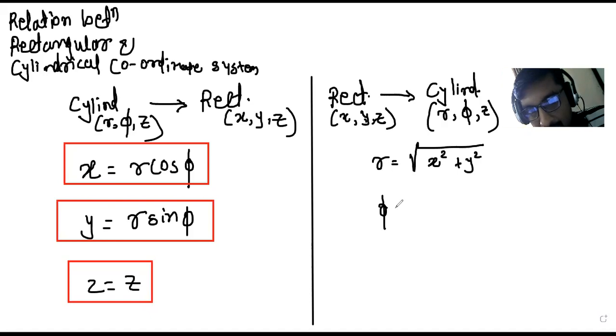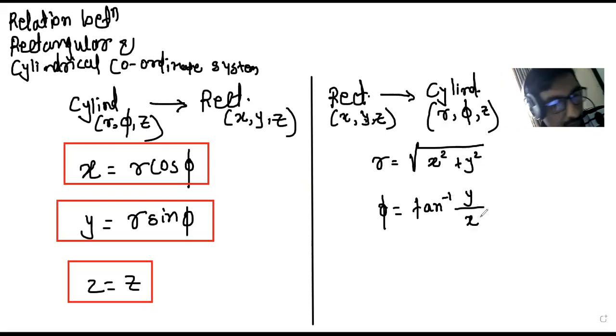Phi is equal to tan inverse of y by x. So if you know the values of y and x, you can easily find the value of phi. And similarly, z is the same for both cases. So here I can highlight this thing.